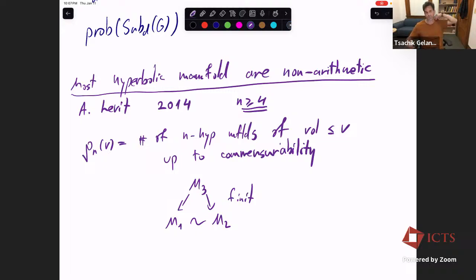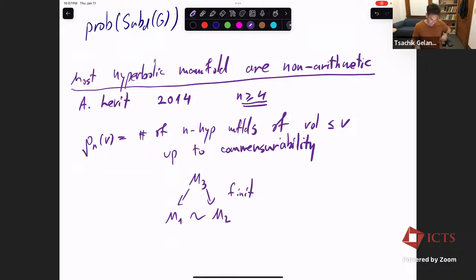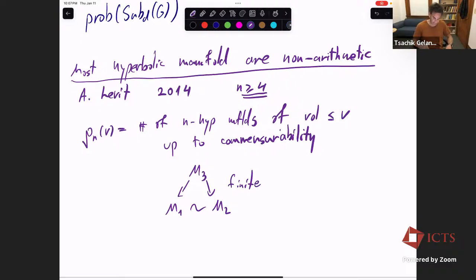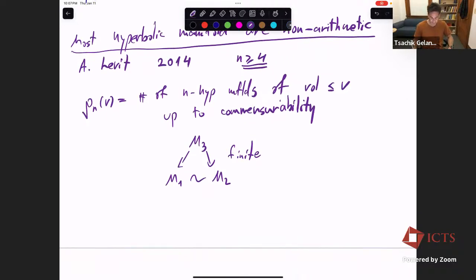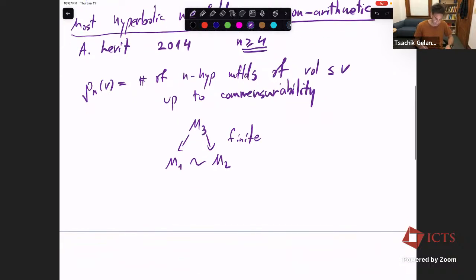Or if you want, if the fundamental group of M1 up to conjugation is commensurable to the fundamental group of M2, so it means that up to you conjugate one, and then the intersection is of finite index in both. So this is the equivalence relation.